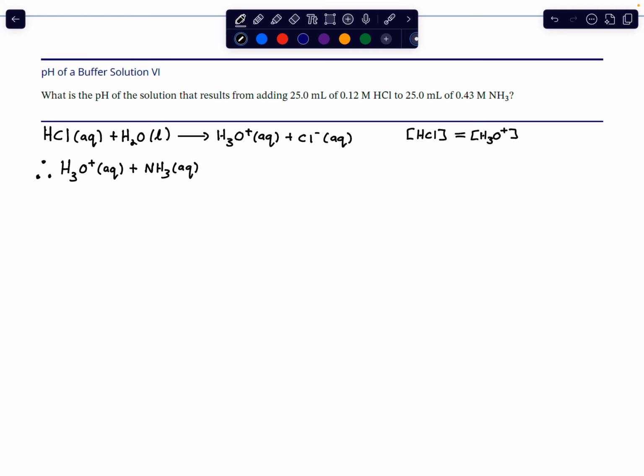Ammonia aqueous. So let's even draw our little beakers.